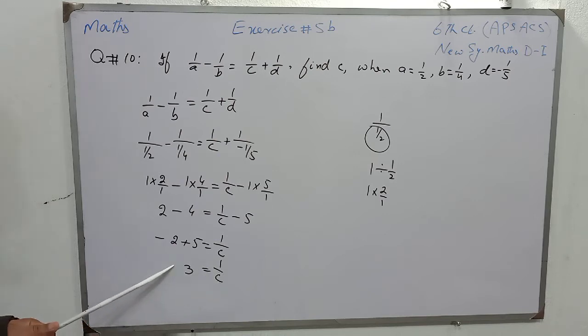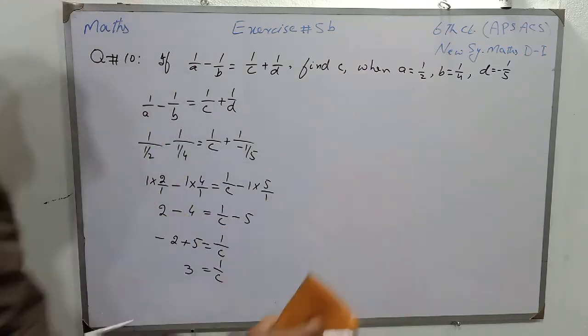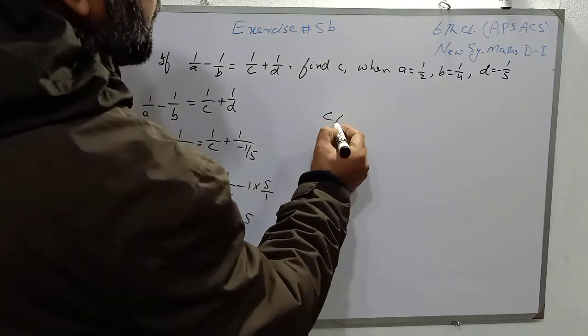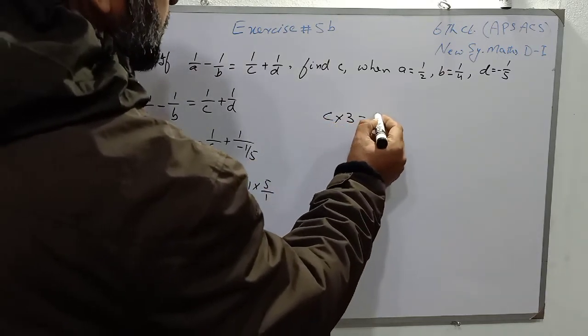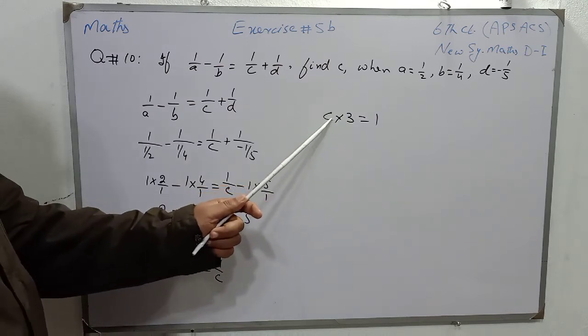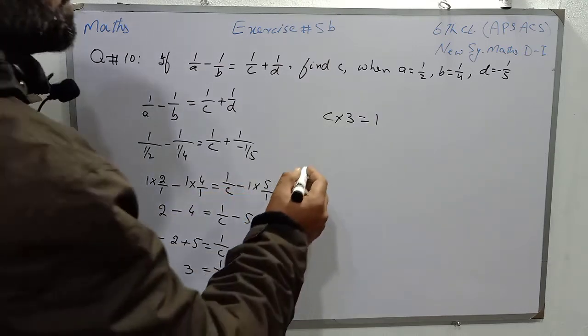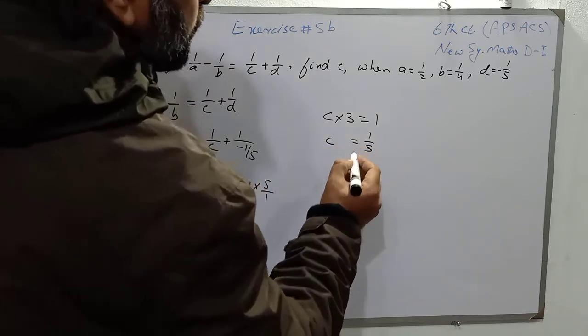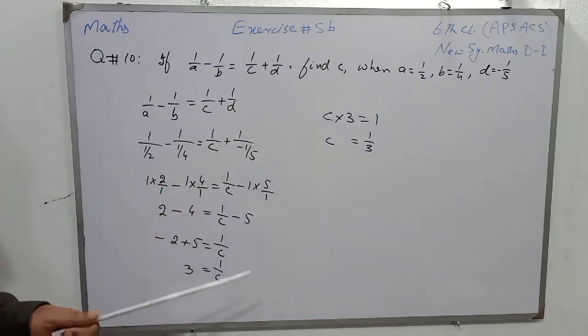When we transfer it to the other side, it will multiply and be written as C multiplied by 3 or 3 multiplied by C. So we will write C multiplied by 3 is equal to 1, and this 3 is multiplying with C. When we transfer it to the other side, it will divide, and the value of C will become 1 over 3 that we have to find.